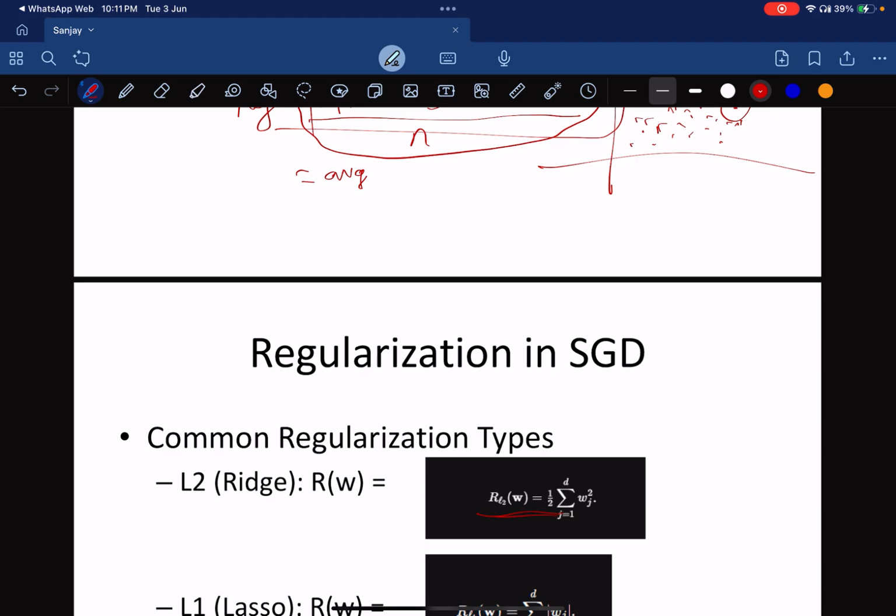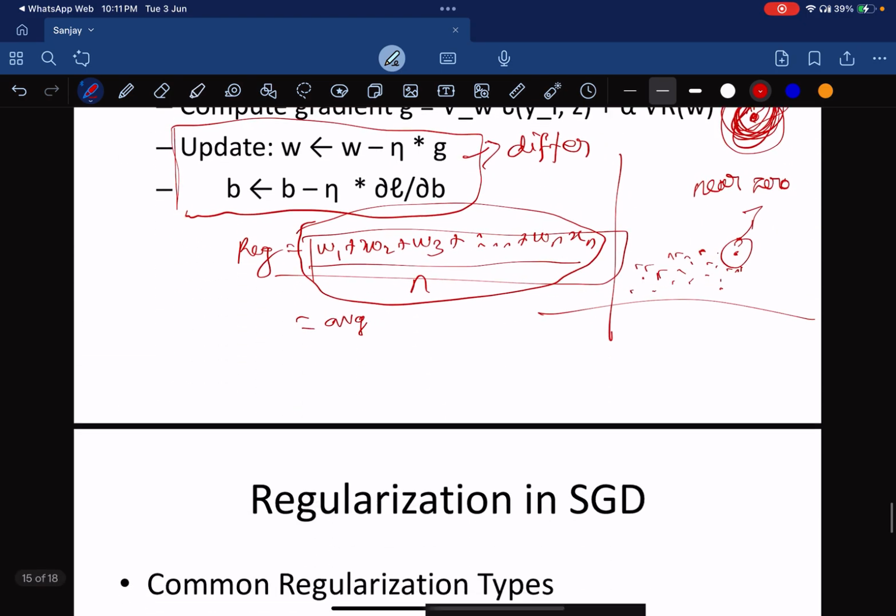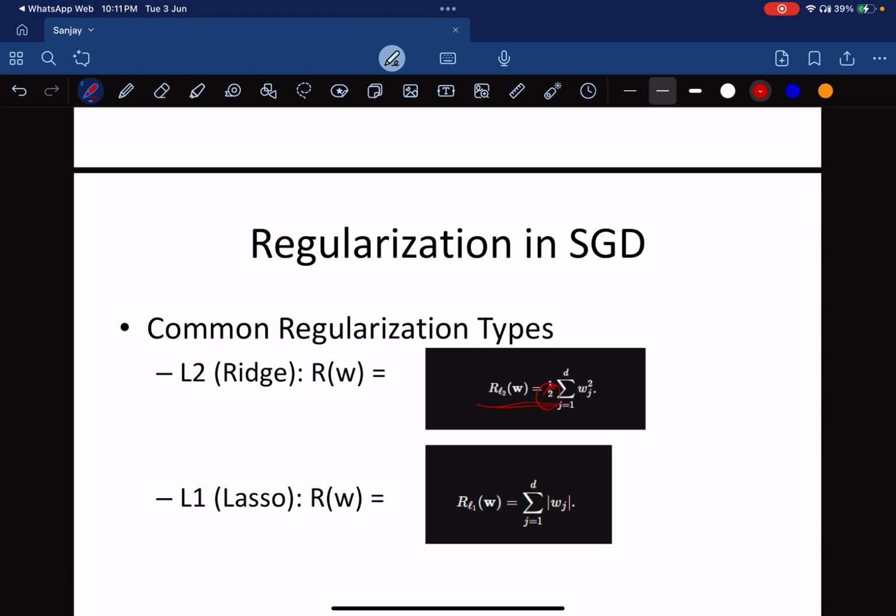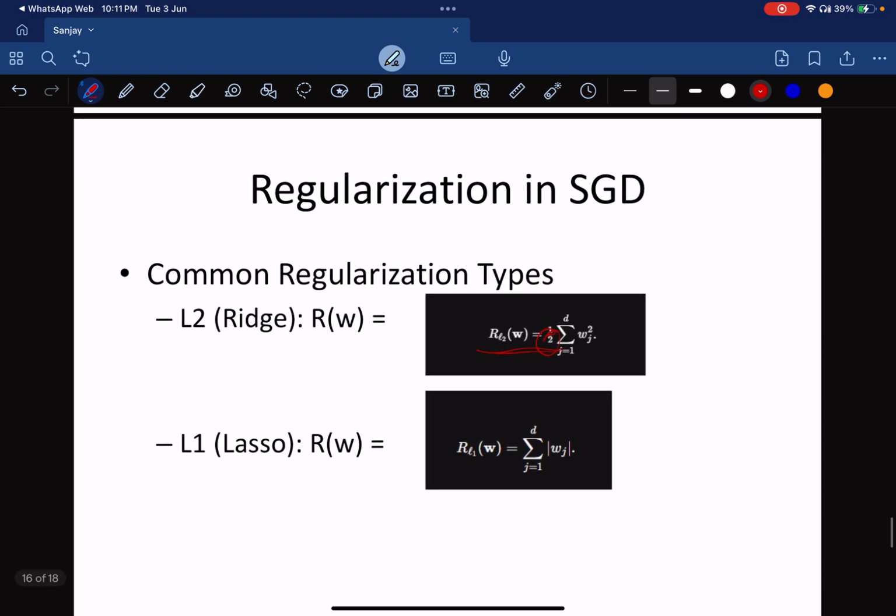Sorry, not any difference. We find the sum of the squares of the weights and divide by n. Here it will divide by n at 2. This is the regularization for type L2.